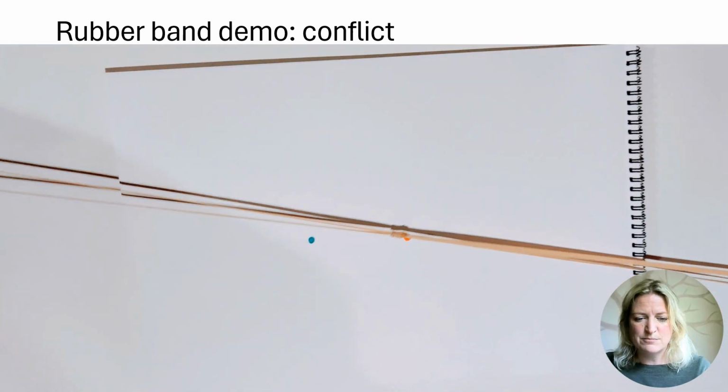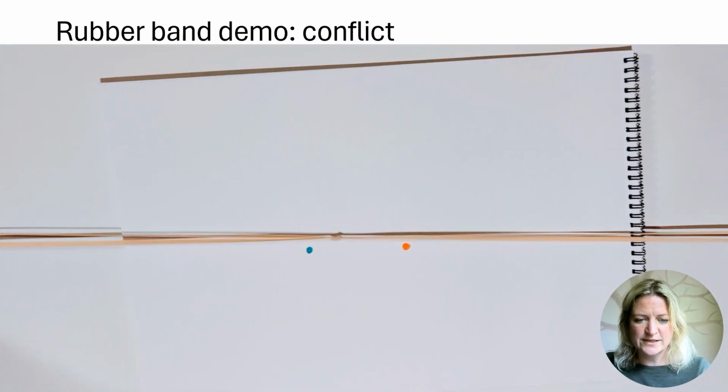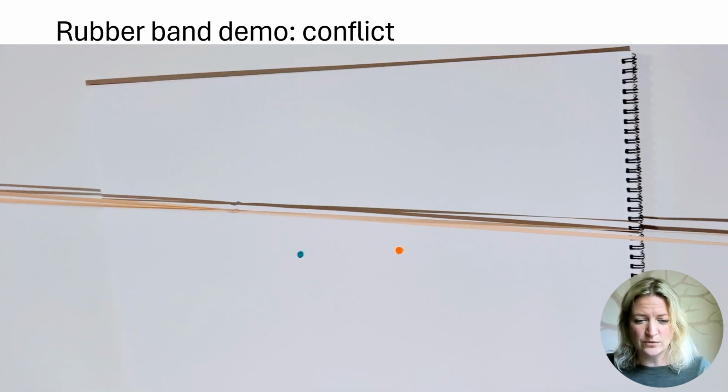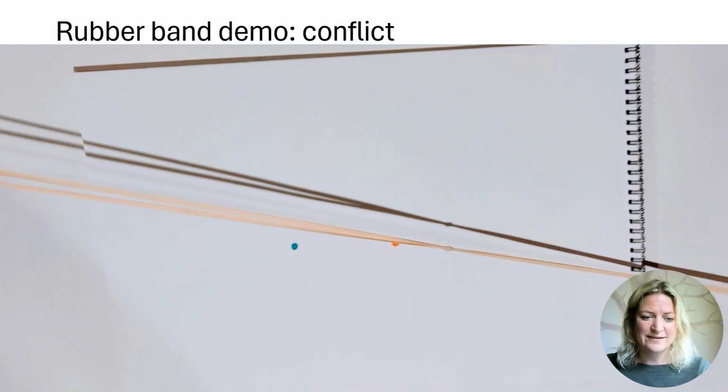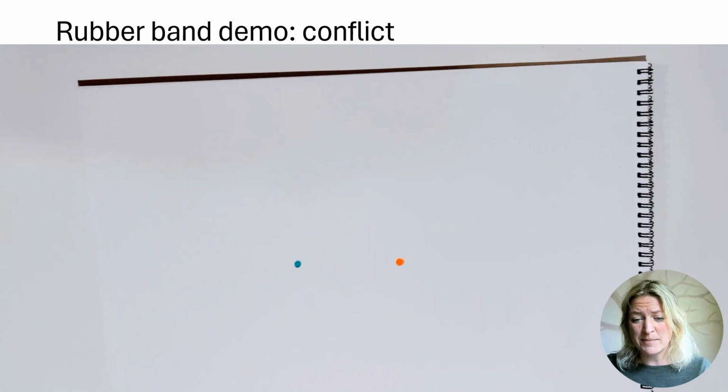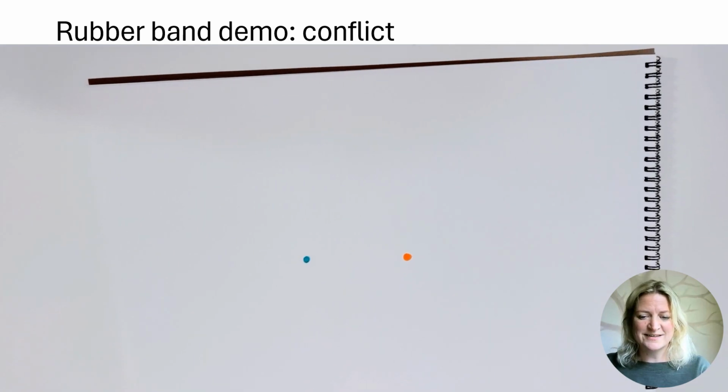So you can see that they both put more and more effort into reaching their goal, right? They pull the rubber band up to the moment that it breaks, right? So they put in maximum effort, but none of them reaches their goal for a long time, right? Sometimes the knot is above the dot for a moment, but then the other person disturbs that perception again. So that's the effect of conflict. Both work very hard and no one reaches their goal.